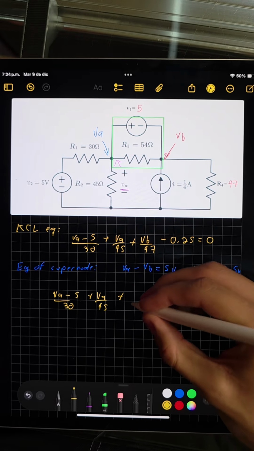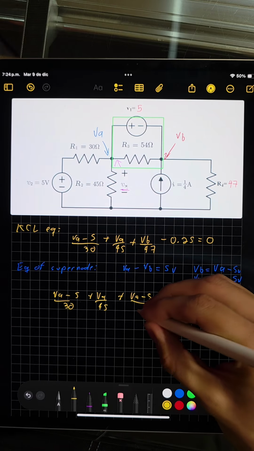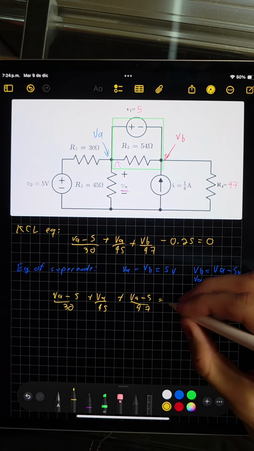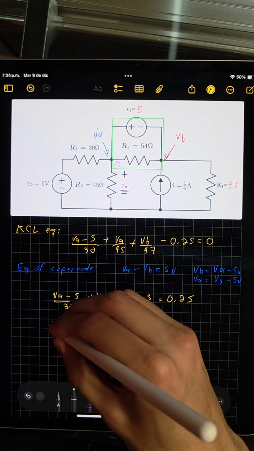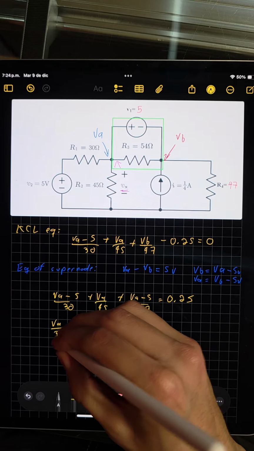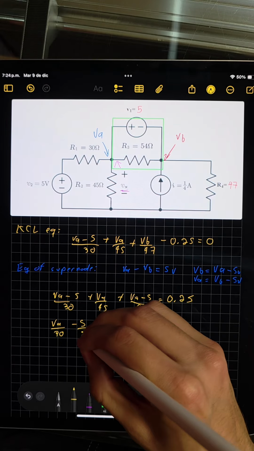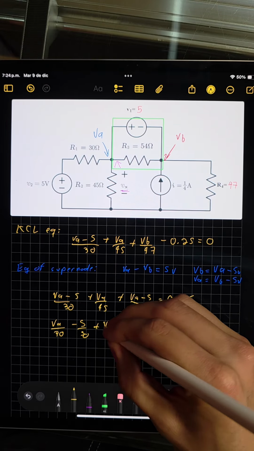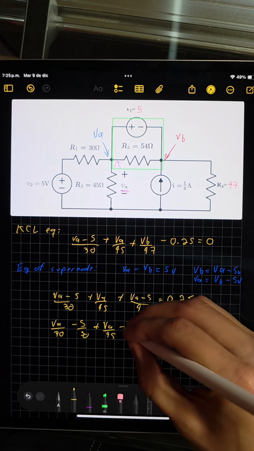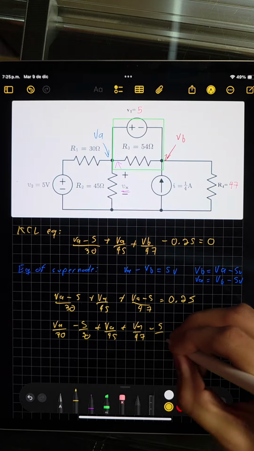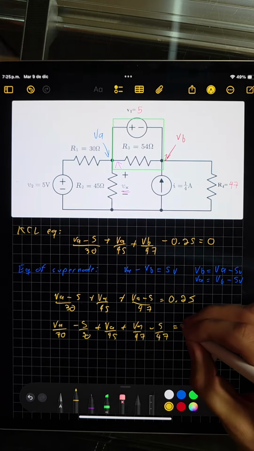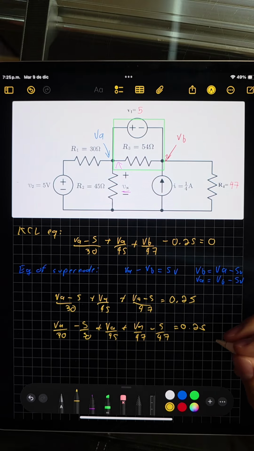Here we do the substitution: voltage A minus 5 over 47 is equal to 0.25. We already passed the current to the other side. We're going to separate the VAs: VA minus 5 over 30 plus VA over 45 plus VA over 47 minus 5 over 47 equals 0.25.